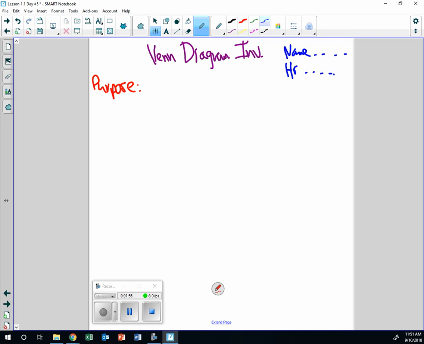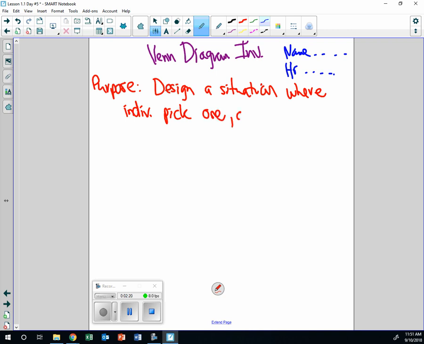So what you're going to do is design a situation where individuals pick one, other, both, or neither. Okay? Draw a Venn diagram. Make up 3 questions regarding those and answer.